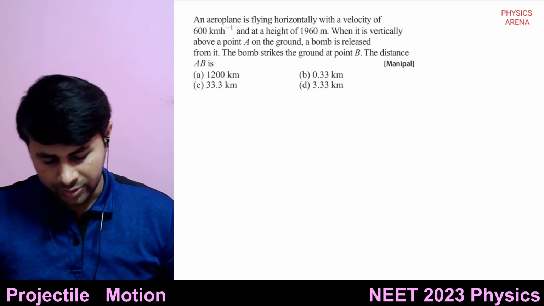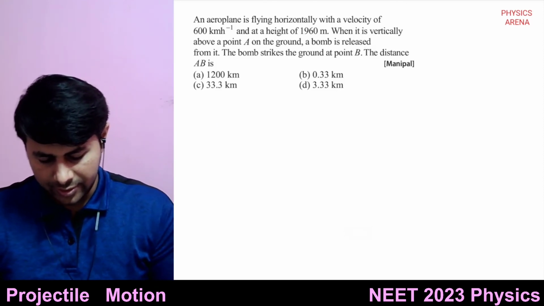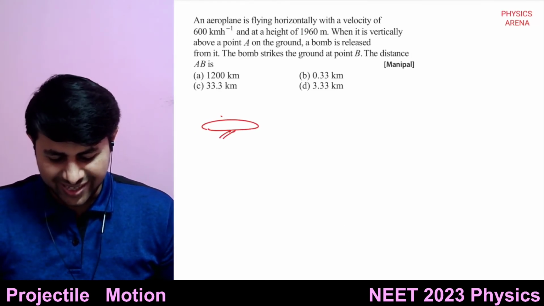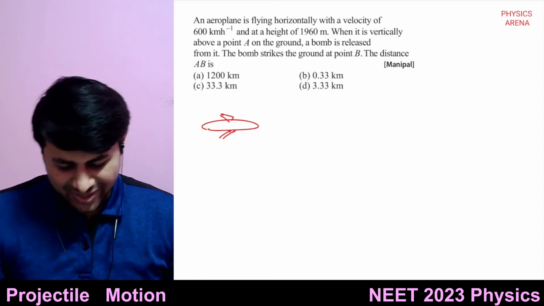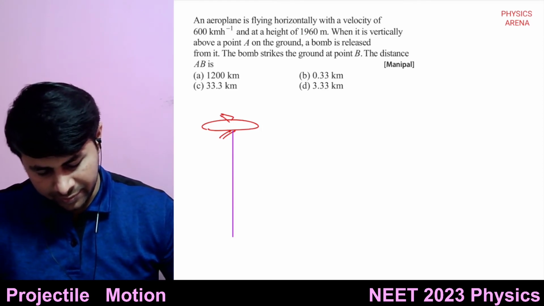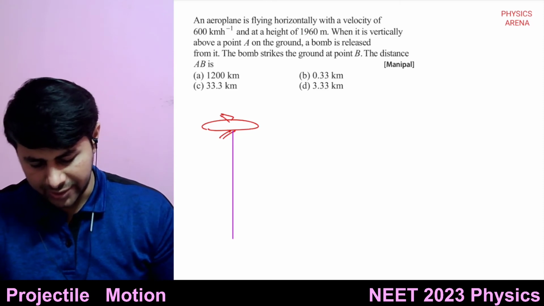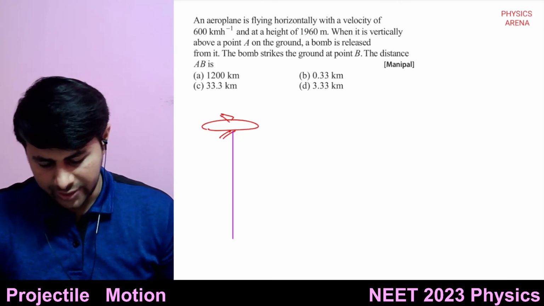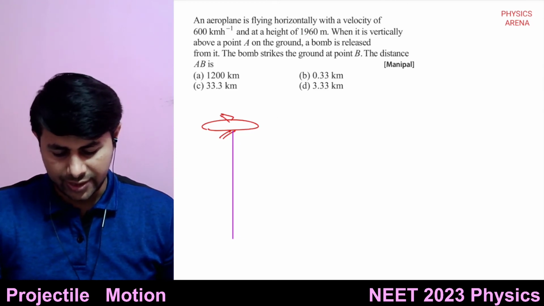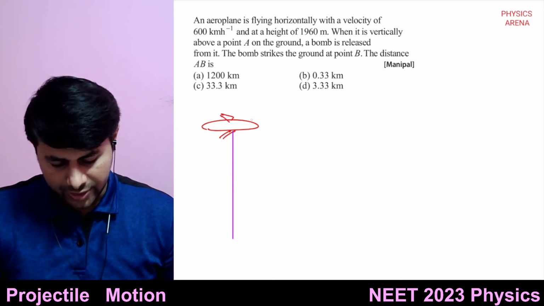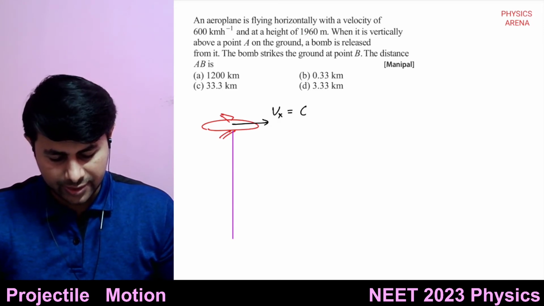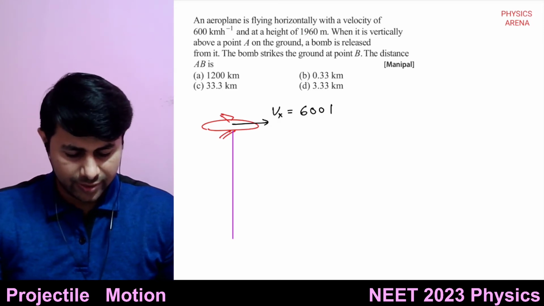Okay, so aeroplane is there at height of 1960 meters, and it's moving horizontally with 600 kilometers per hour. So its horizontal speed Vx is 600 kilometers per hour.